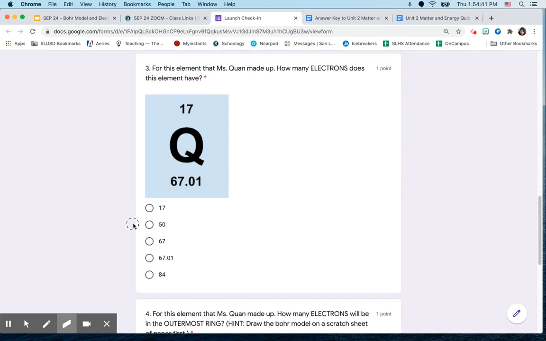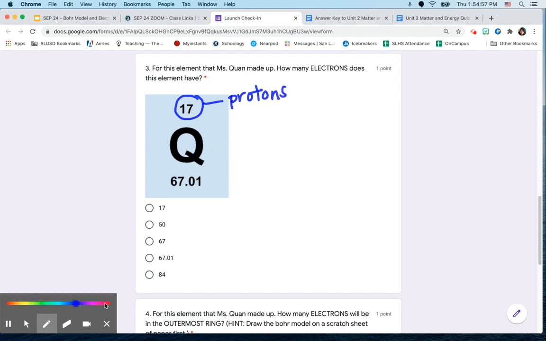Okay, so going over question number 3. How many electrons does this element have? So earlier we said that this top number is the number of protons. Something else you should know is that this number is also the number for electrons.